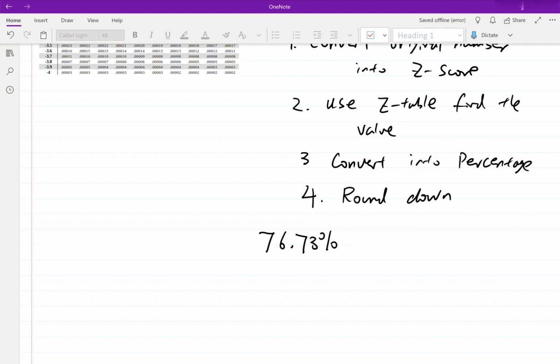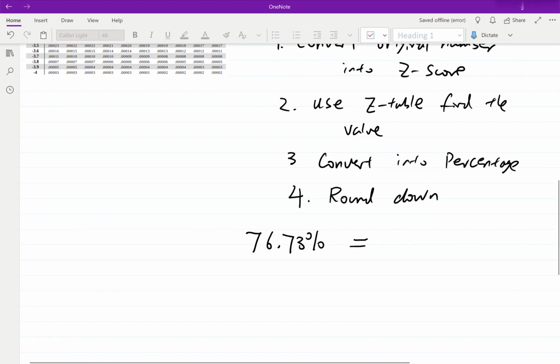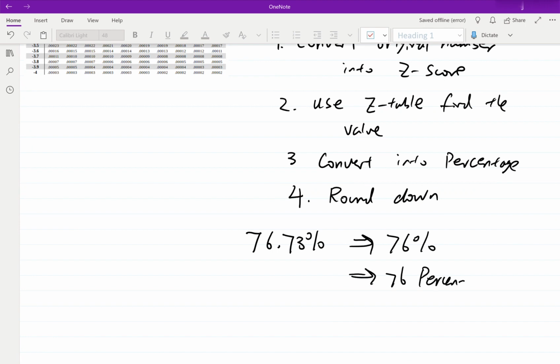The way we do this is we always round down, which will give us 76, or the 76th percentile. Remember, we round it down, and we get rid of all the numbers after the decimal. Okay, perfect. And this is how you get from the raw number, or the original number, into a percentile.